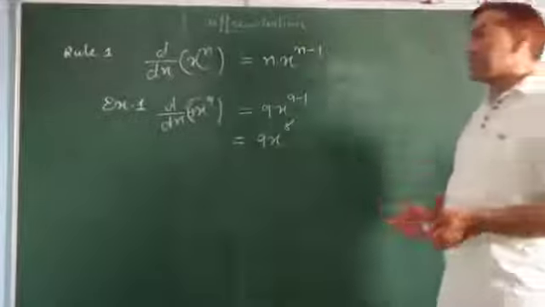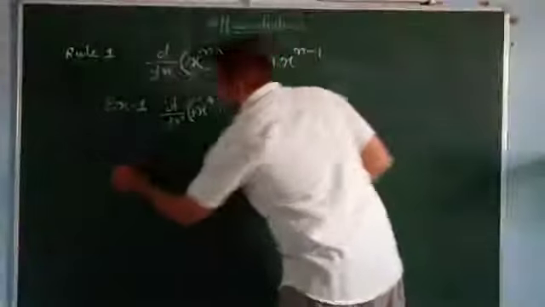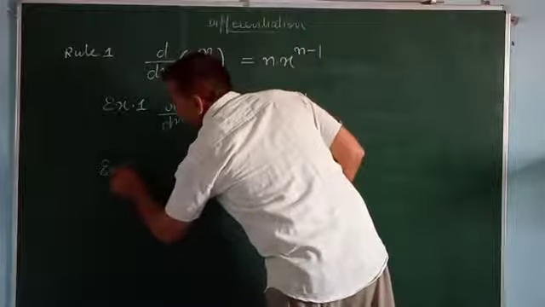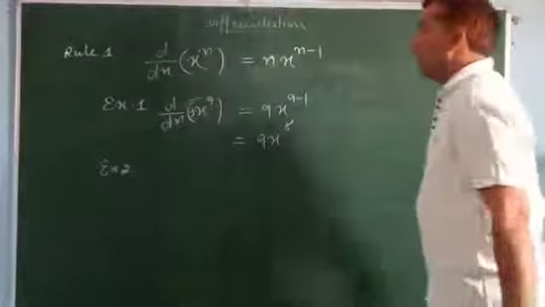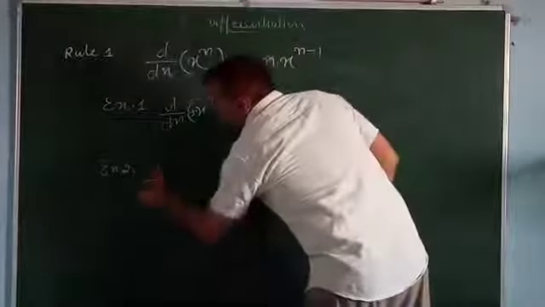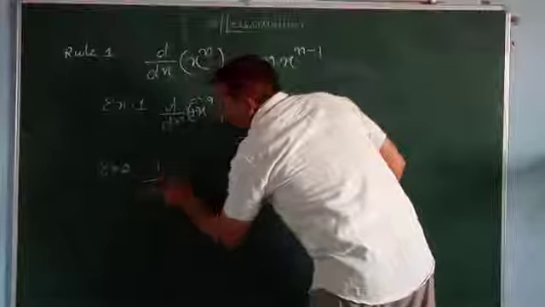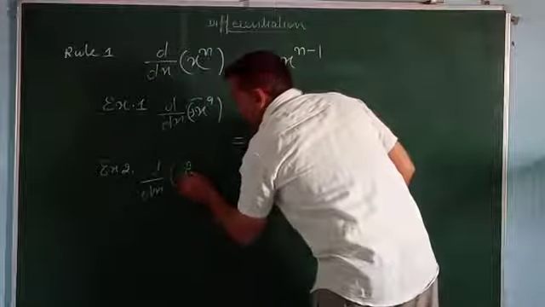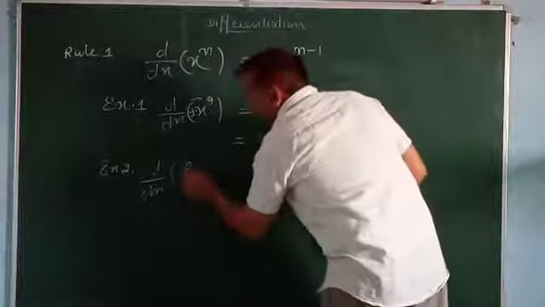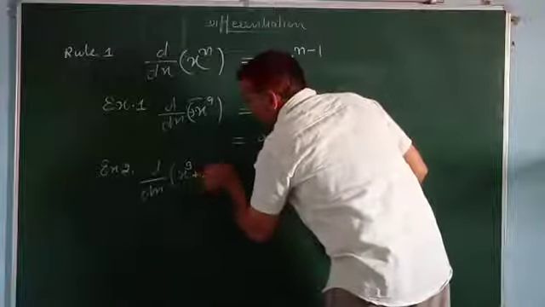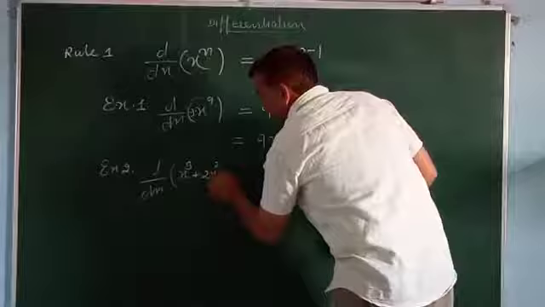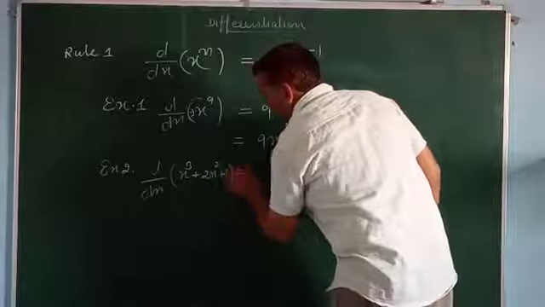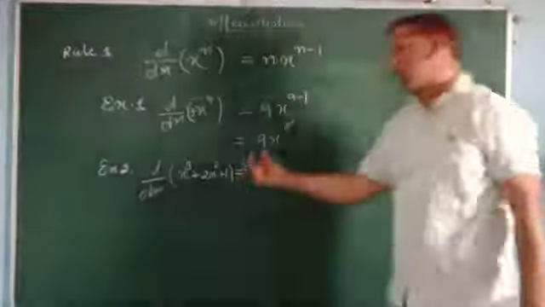I am taking the next example. Example 2. Find dy dx of x raised to the power 3 plus 2x square plus 1. We have to find the derivative of this function, which is a polynomial function.